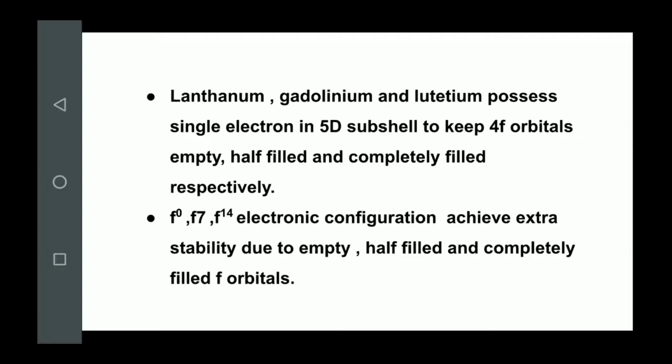These electronic configurations achieve extra stability due to the empty, half-filled and completely filled orbitals. So to achieve that extra stability, what happens? These atoms give a variation from the expected electronic configuration, in the observed configuration. We have discussed that.